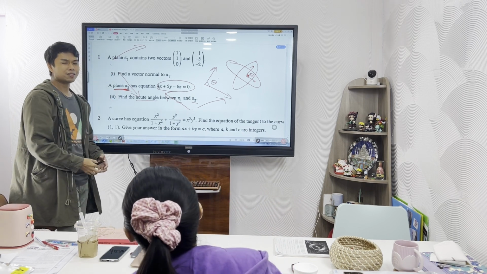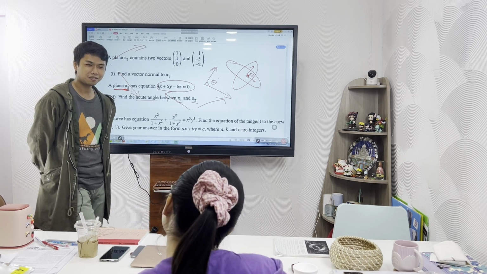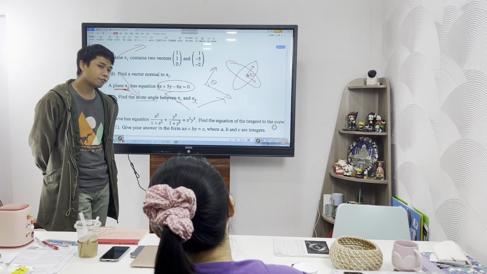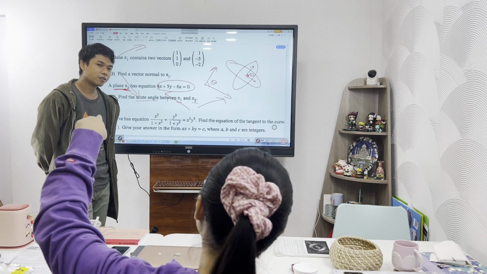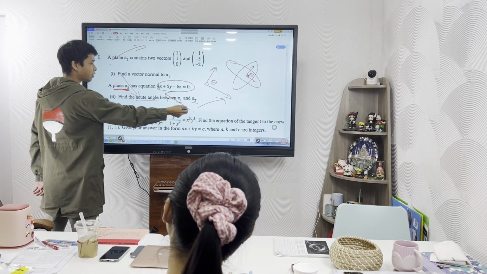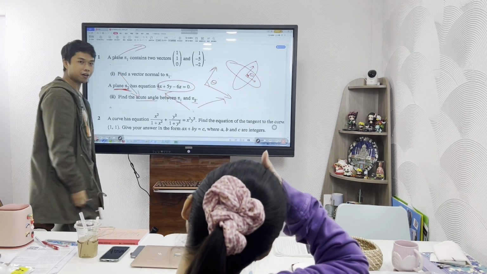Oh, yeah. Wait, why? 8 is a multiple of 4. Right? No, but why is this a multiple of this? They are always parallel to each other. But the vectors inside this plane may not be parallel. Yeah, I know.